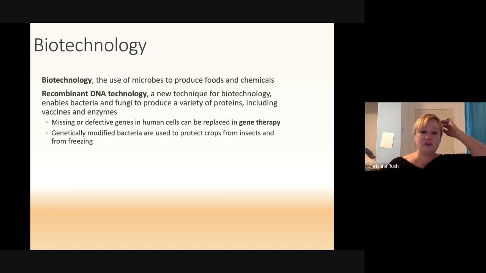But we can use CRISPR, so that goes on to this next bullet point, that we can protect crops from insects and from freezing. So you can use CRISPR in GMO for plants. If you really want to target a gene, say, for example, they had a wheat in the UK, and they said, we want to put a hops gene into this wheat.